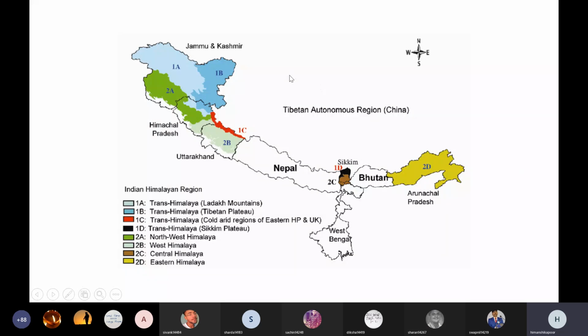Yes, ma'am. Clear? So coming to the Trans-Himalayan zone, we have 1A, 1B, 1C and 1D. So we have 1A as the Ladakh Mountains. This is the first biotic province here.